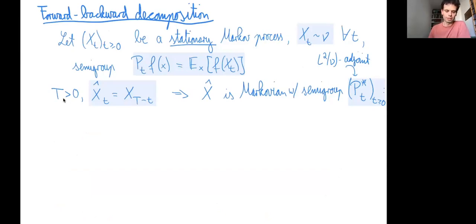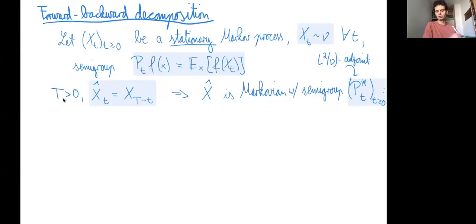So the point is that if you have a stationary Markov process with stationary measure nu, now on an abstract Polish space, and you have the semigroup P_t, which is defined as usual, then if you invert time, so you pick some t bigger than 0 and let the process run backwards in time, then the time reversed process is again a Markov process, and the semigroup of this process is just the adjoint of the semigroup of the original process. And this is the adjoint in L2 of nu, where nu is our stationary measure.